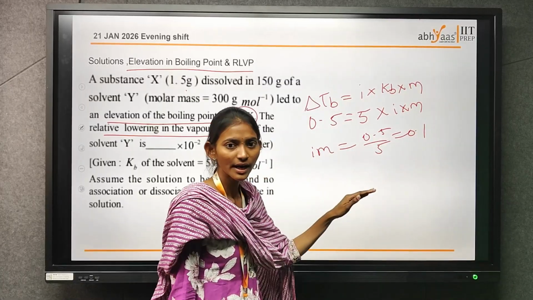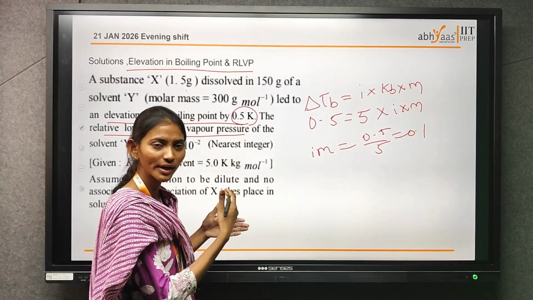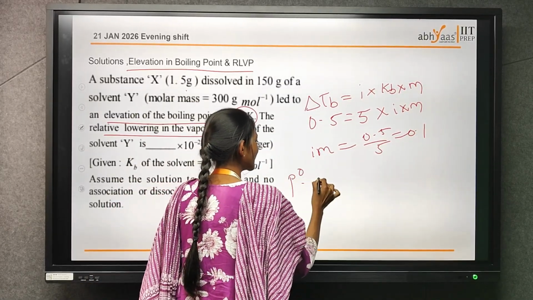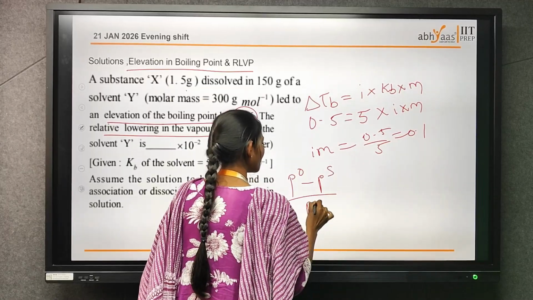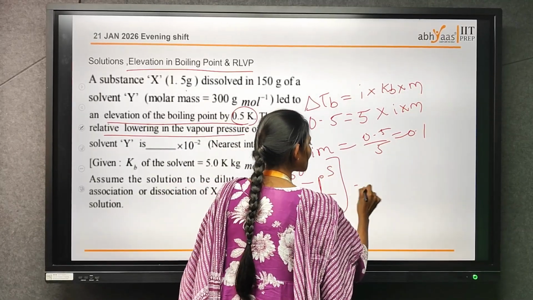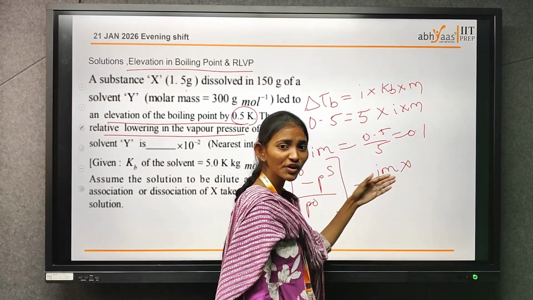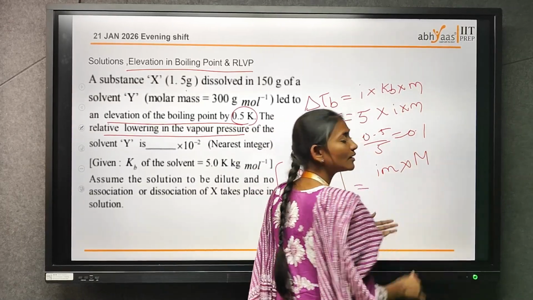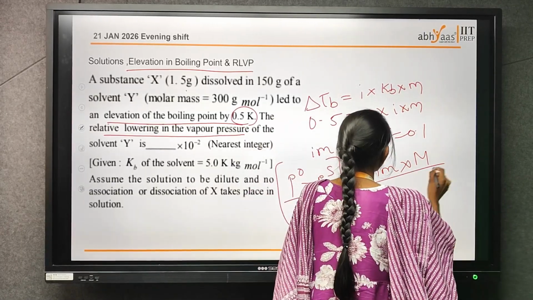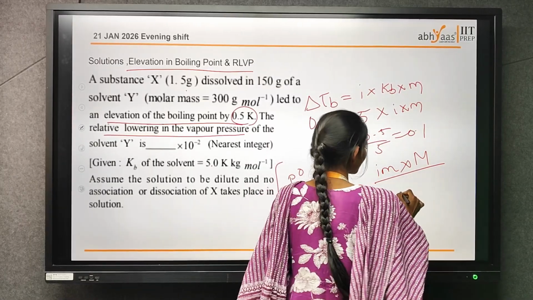That is 0.1. Then for relative lowering of pressure, (P naught minus Ps) by P naught is equal to im into the molecular weight of the solvent by 1000.